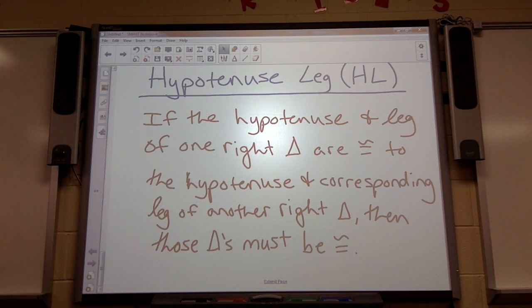Okay, I know there's a lot to write there. If the hypotenuse and leg of one right triangle are congruent to the hypotenuse and corresponding leg of another right triangle, then those triangles must be congruent. They have to be congruent.